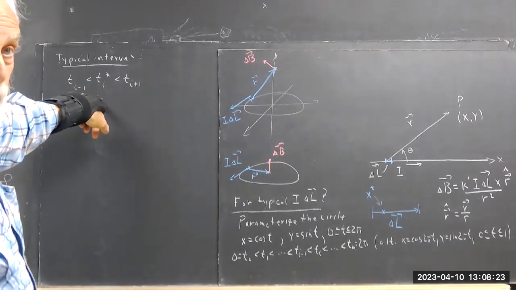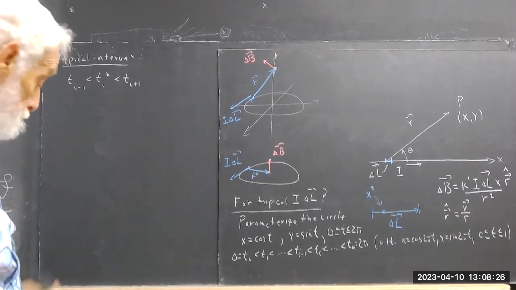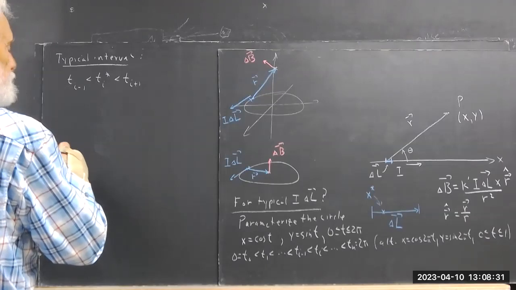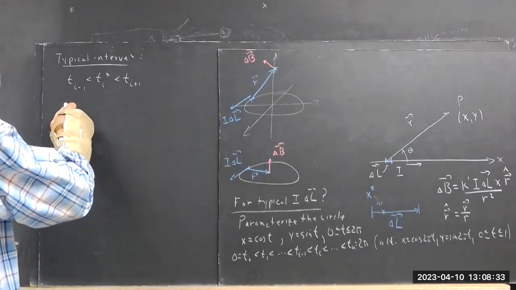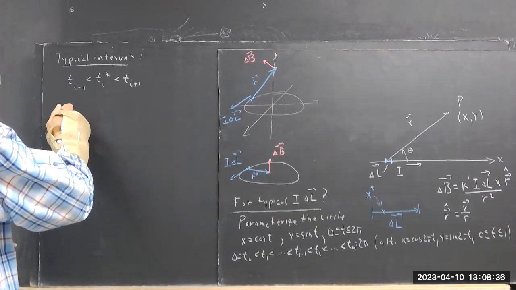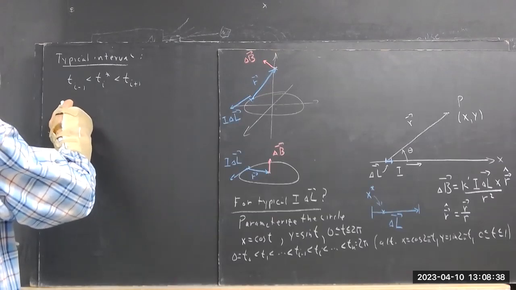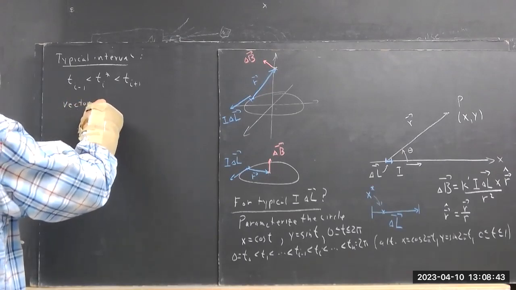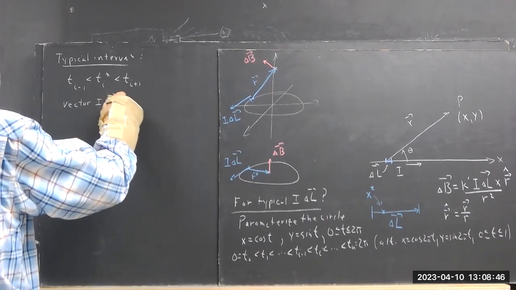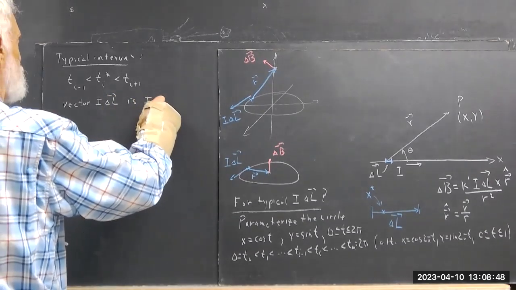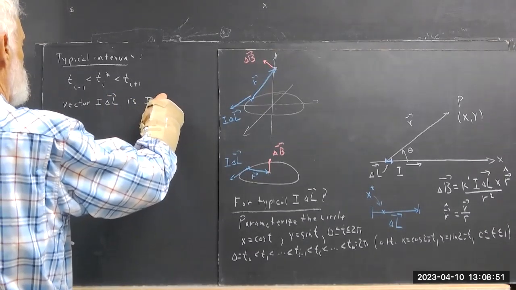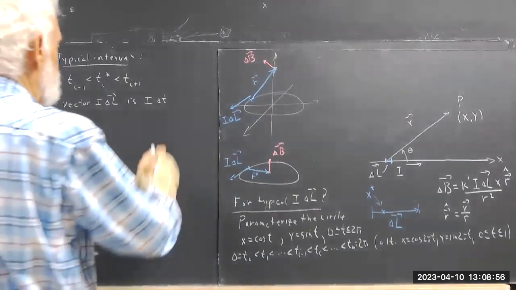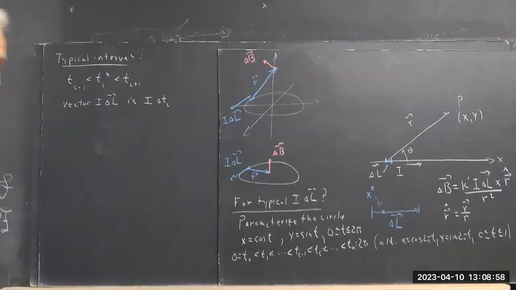You throw your t_i star in there. And now your delta L_i will be your r'(t_i star) delta t_i.